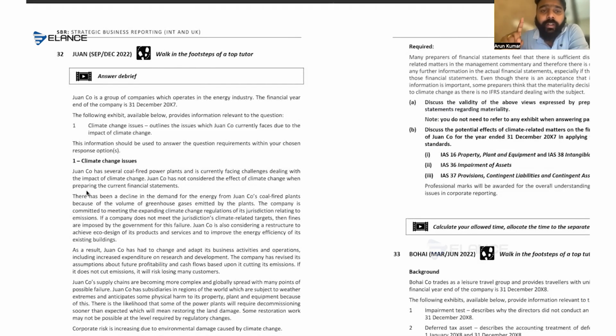But still, it is required to give some additional disclosures to the users because climate change may have a determinant effect in future with respect to these standards. So even though the item is not material right now, it is very important to discuss these climate change issues in your additional disclosures because that will be more beneficial for your investors.